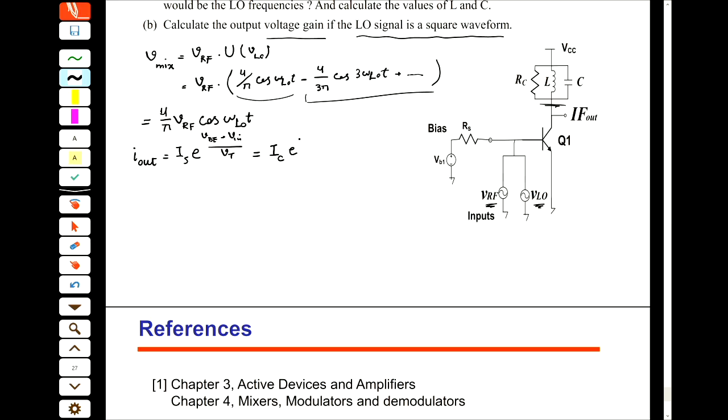e to the power VRF plus VLO divided by VT.